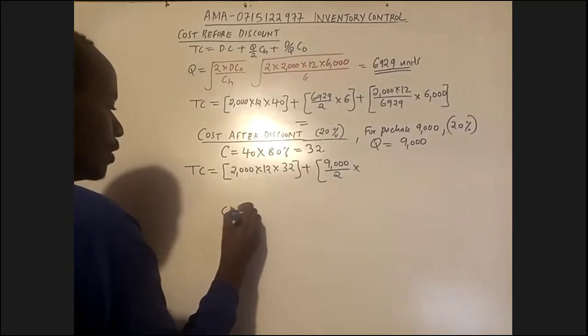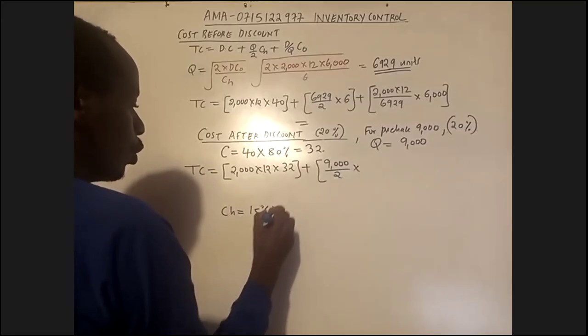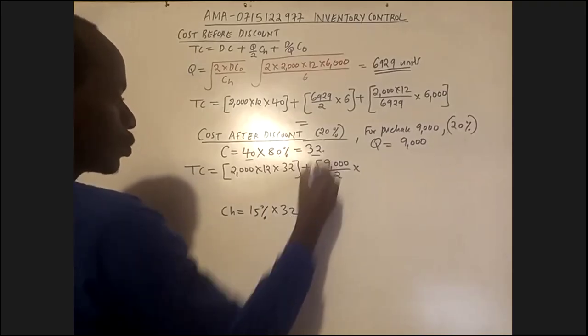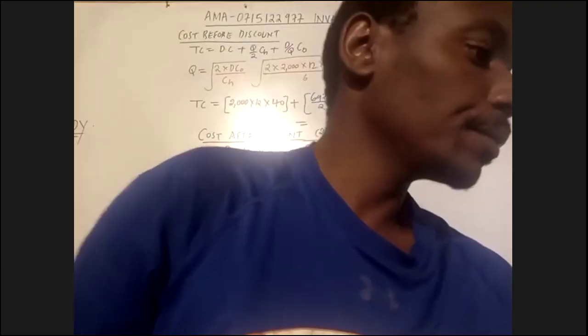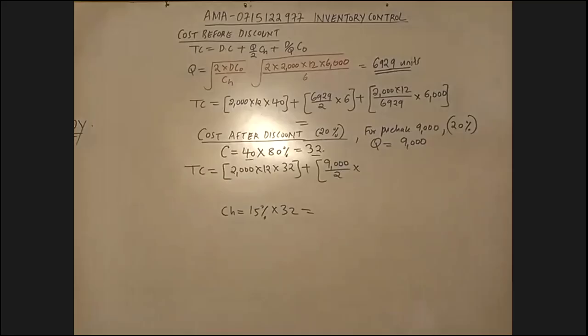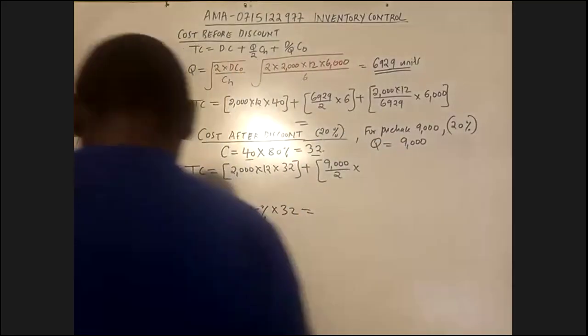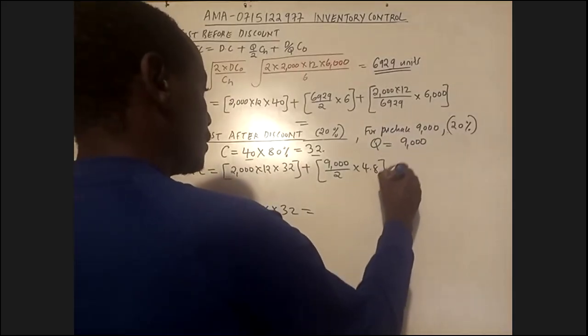Our CH we said is 15% of our purchase price. It was 40, now it is 32. So 0.15 times 32 is 4.8.